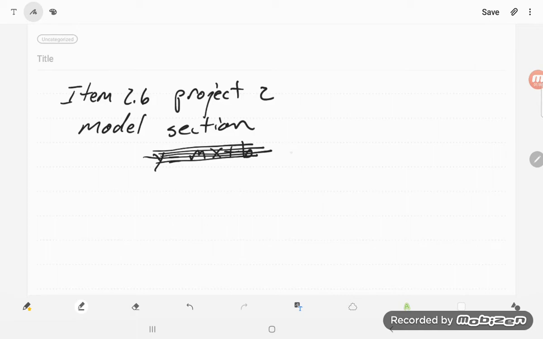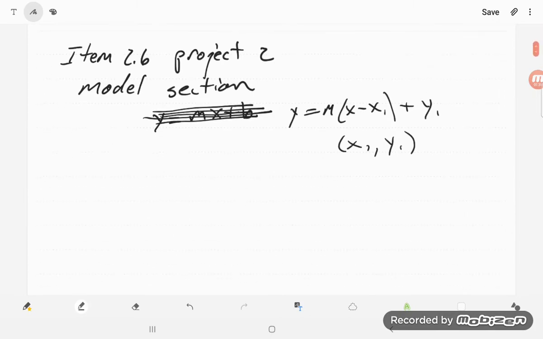So point slope form: y equals m times x minus some x1 or x0 plus y1, where the slope is m and the point is x1, y1. Now, in this case, we're building on project 1.